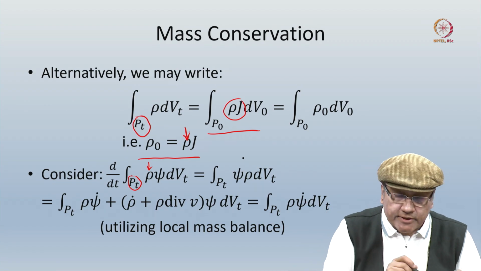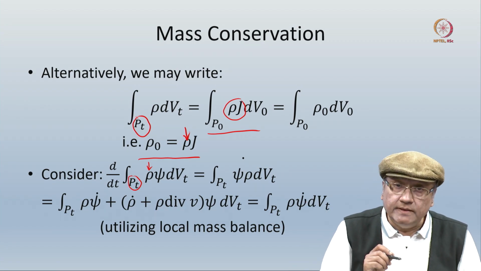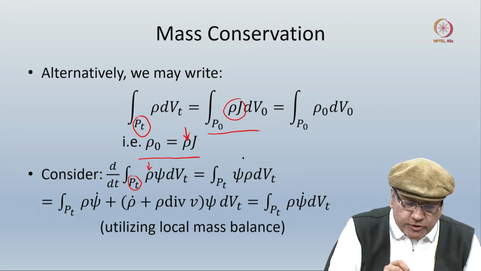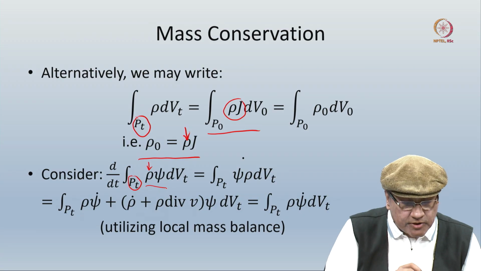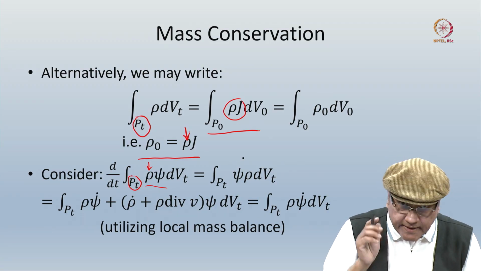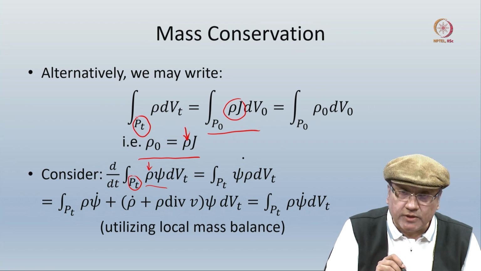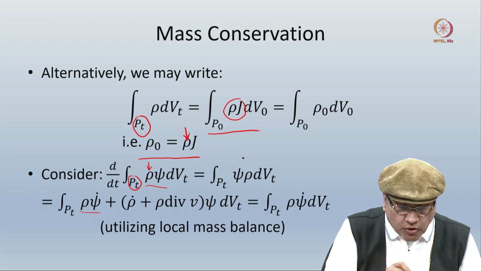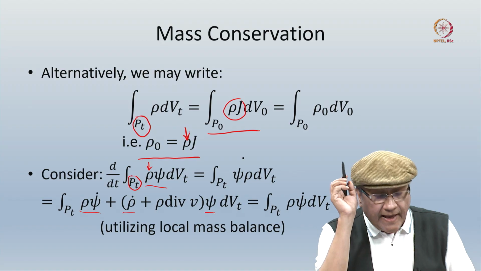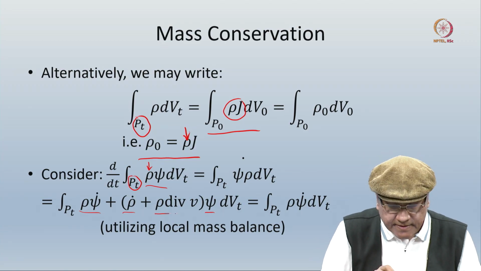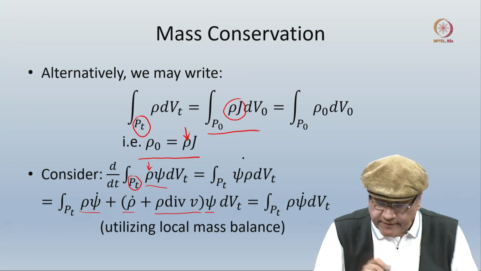So let us apply the Reynolds transport theorem to both the terms rho and psi. You will have the total derivative d/dt of rho psi, which will have two terms, rho dot psi and rho psi dot, and there will be an extra term, rho psi divergence of v, correct.